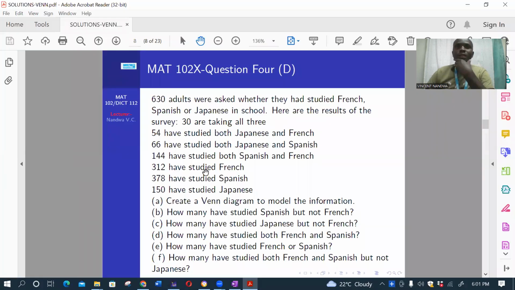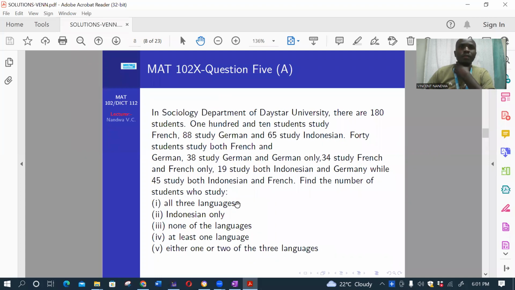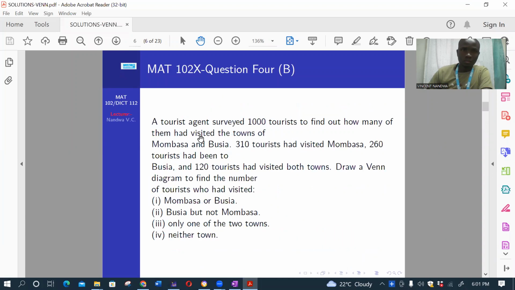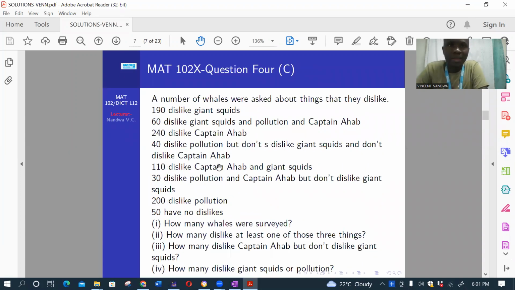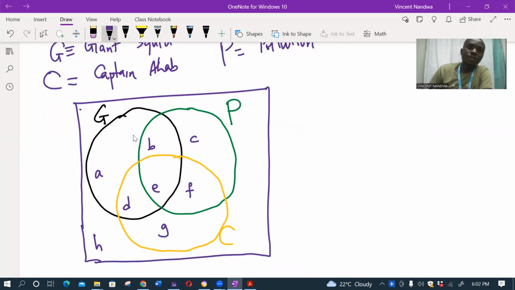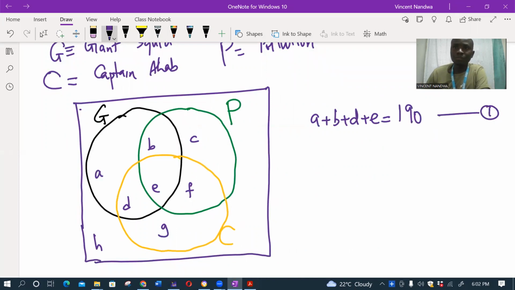First, we have been told that 190 dislike giant squids. So for giant squids, this G, if we take A plus B plus D plus E, we get a total of 190. Call this equation 1.